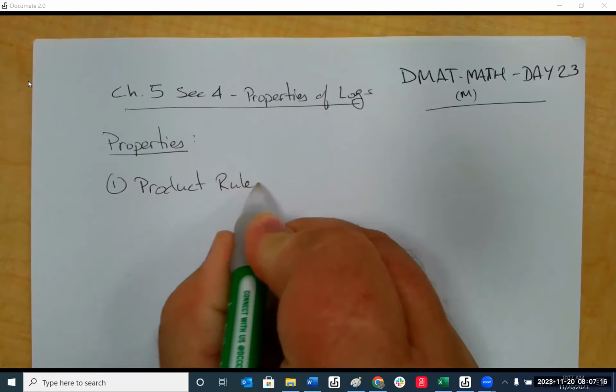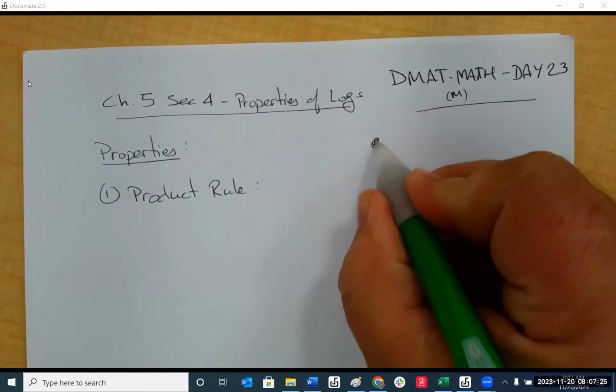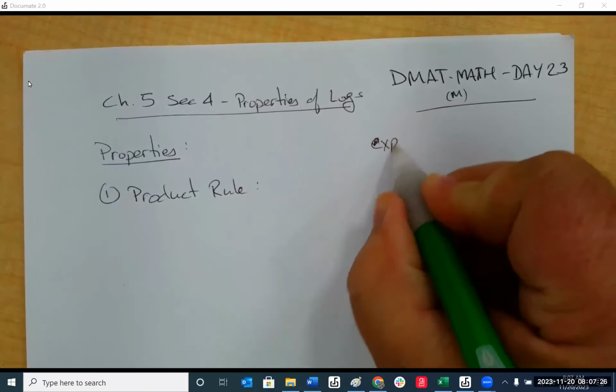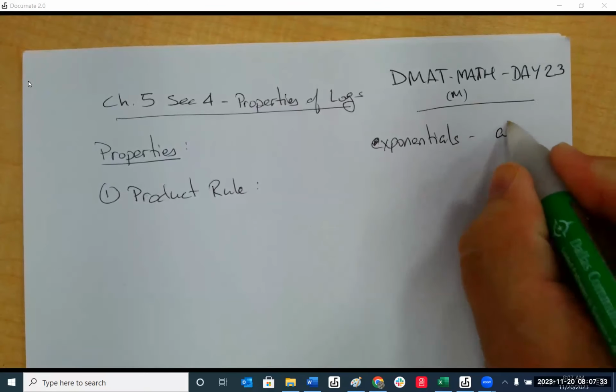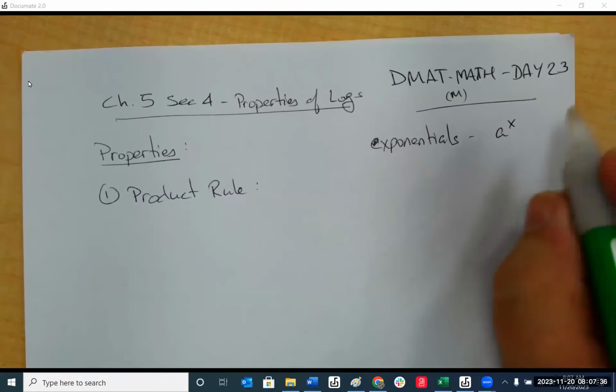Remember, first off, let's review. We first talked about exponentials, exponential functions, which look like that. That equals some number y.